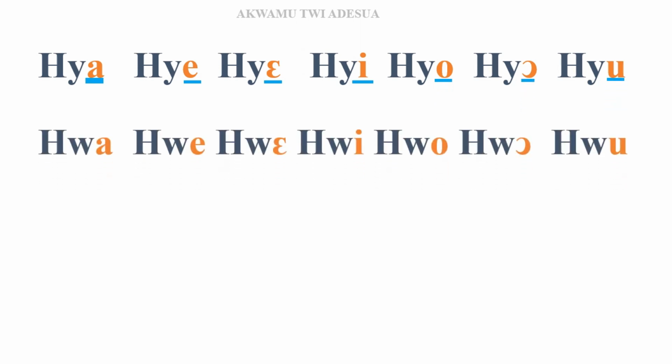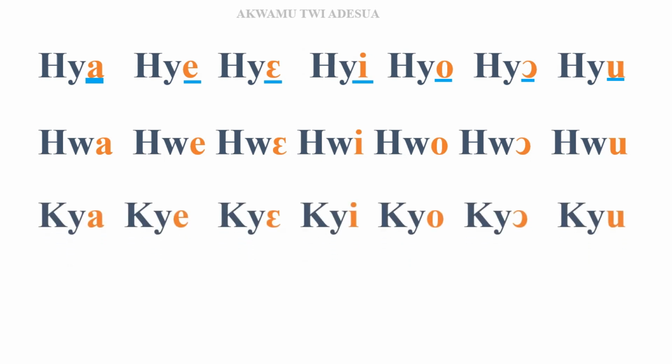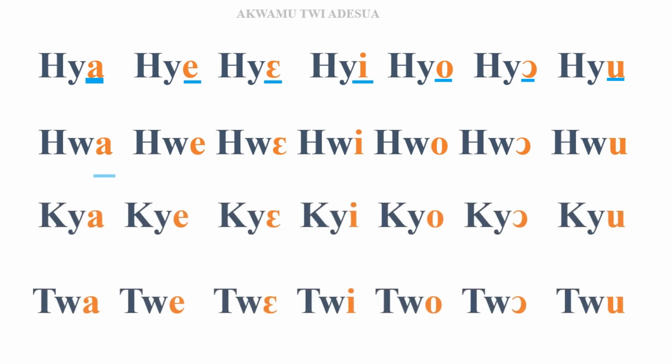So in our previous lesson, we looked at the special characters. Say HY, which gives us the sh sound. When we add the vowel a to the sh, you get sha.